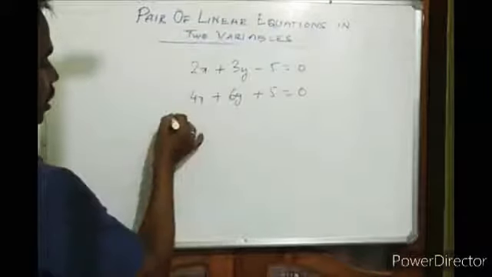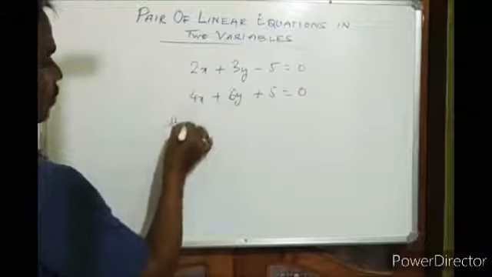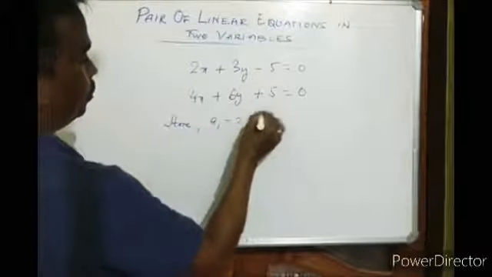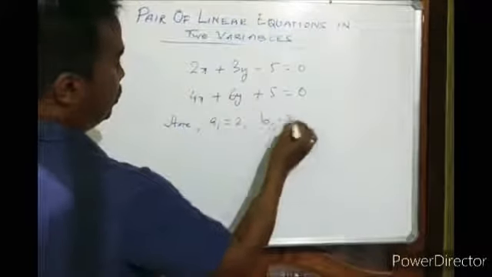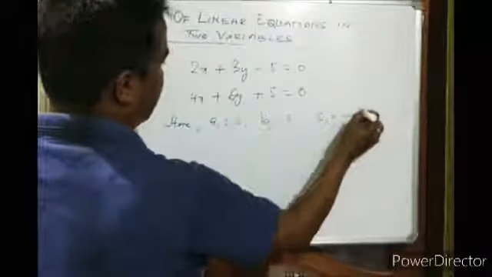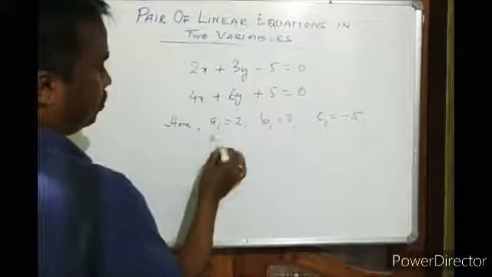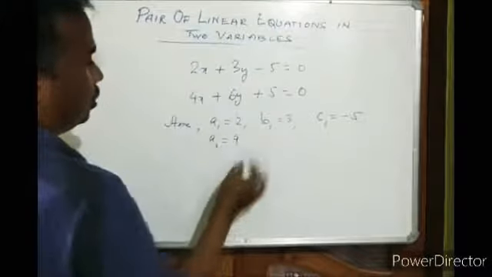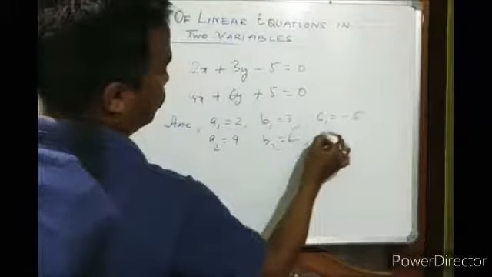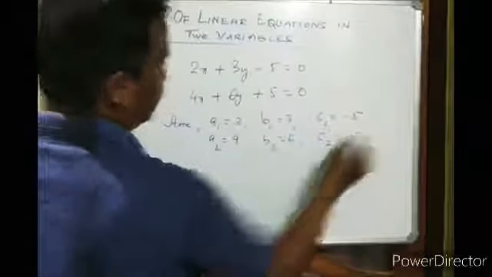Here A1 is equal to 2, B1 is equal to 3, C1 is equal to minus 5, A2 is equal to 4, B2 is equal to 6, C2 is equal to 5.